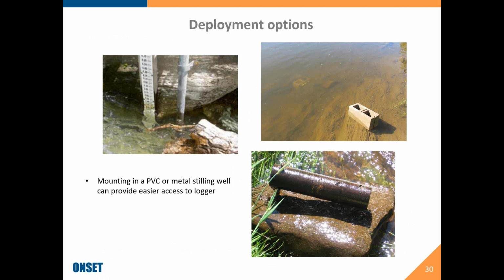Same thing, we have a question about a fence post. Metal could be a problem for conductivity measurements. So if you're mounting it to a metal post, which is pretty common, you probably want to put it in a PVC pipe and mount the conductivity logger so that the sensor is facing away from the metal post. That'll minimize the effects of the metal on the conductivity measurements.